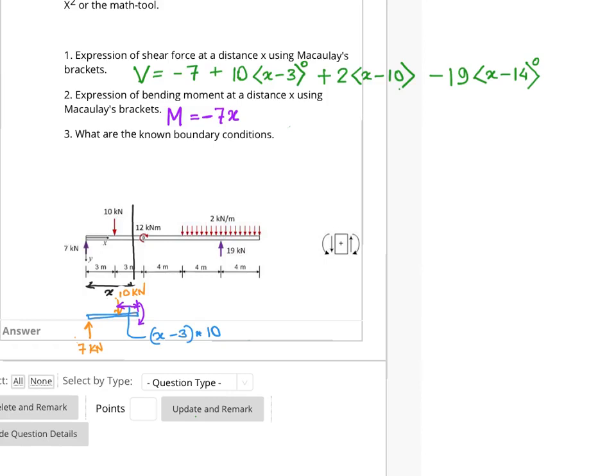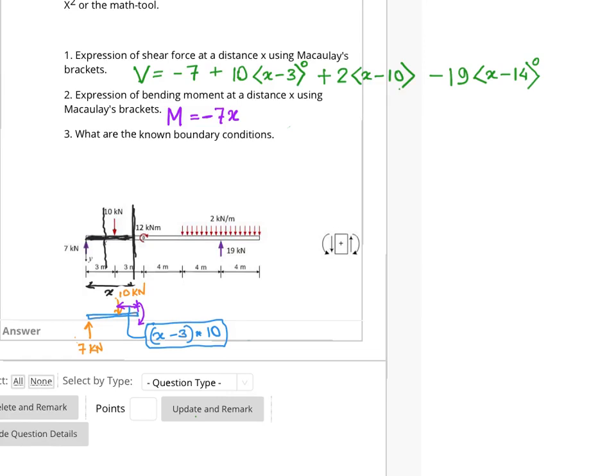Now as we are having a general expression, this x is only valid for x greater than 3. So what I mean is, if our section was at this position, then the 10 kilonewton load will not come into the picture to calculate the moment, because we are only considering this bit. Only when x is more than 3 meters, let's say here, then only this 10 kilonewton load will come into the picture.